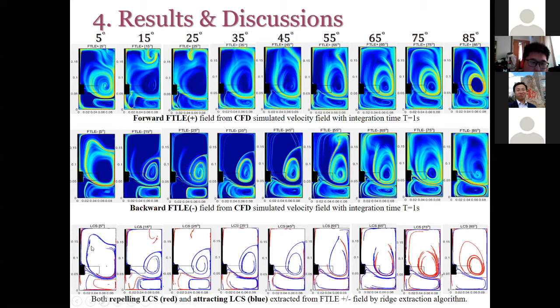We call this the up vortex, and here is the bottom vortex. And you can also see at each position, the shape and the flow transport at the up and bottom is quite different.